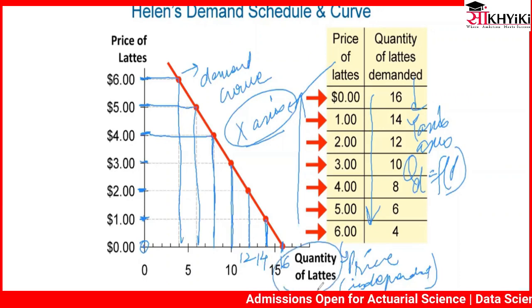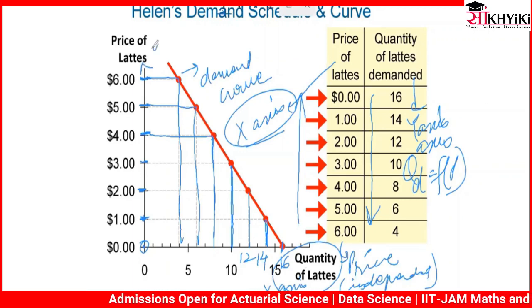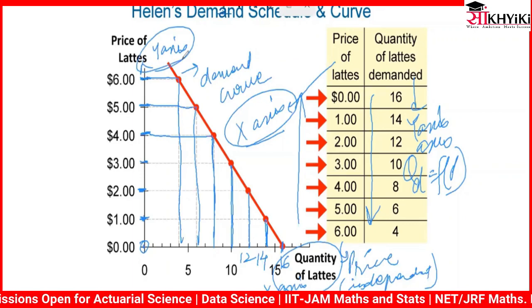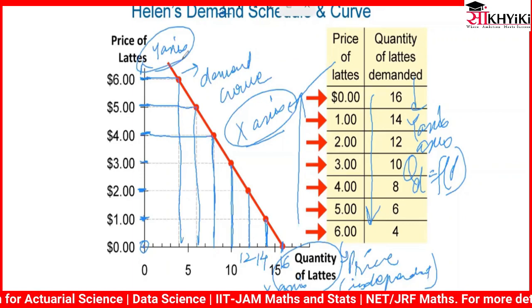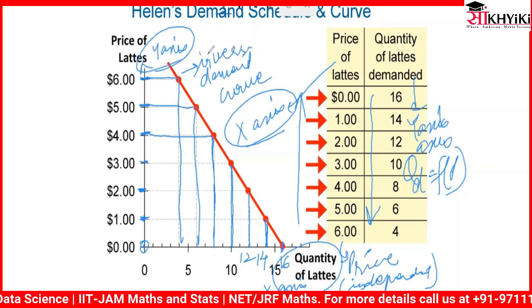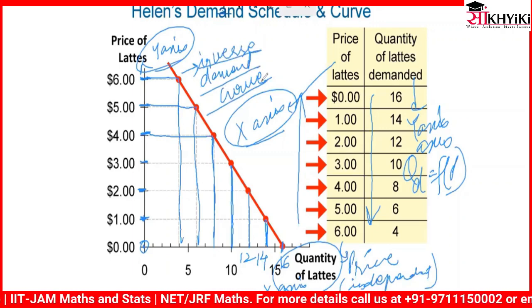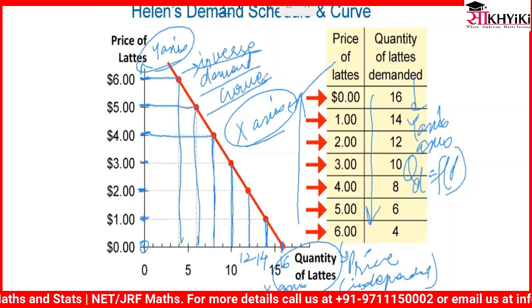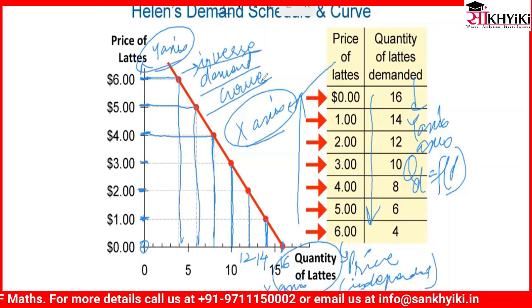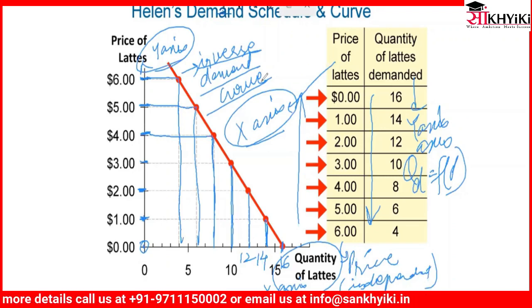Quantity demanded is coming on the x-axis and price is coming on the y-axis. Therefore, this curve, instead of being called the demand curve, is called the inverse demand curve or the inverse demand function. We are plotting an inverse relationship. We are showing price on the y-axis and quantity on the x-axis.